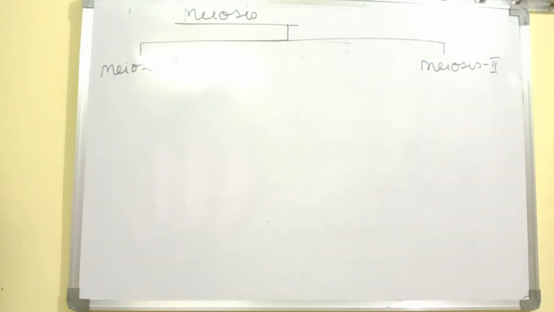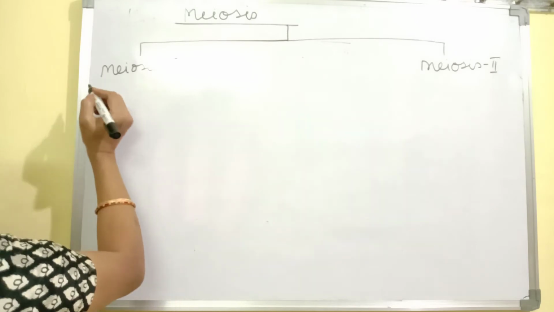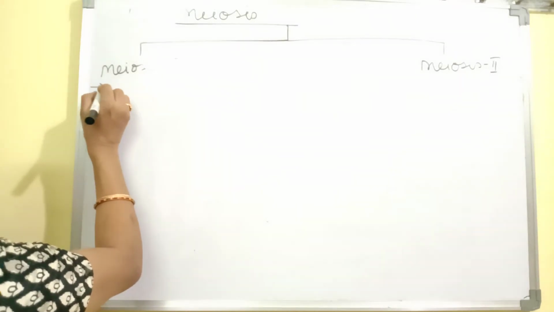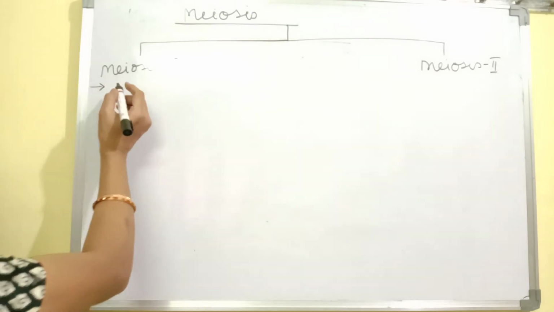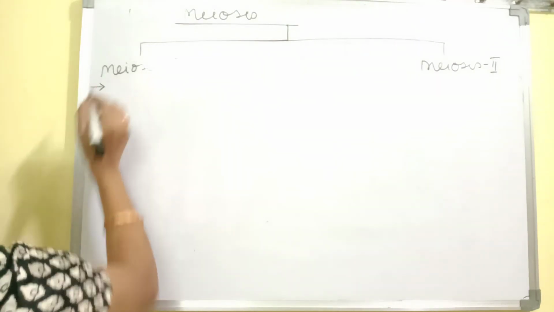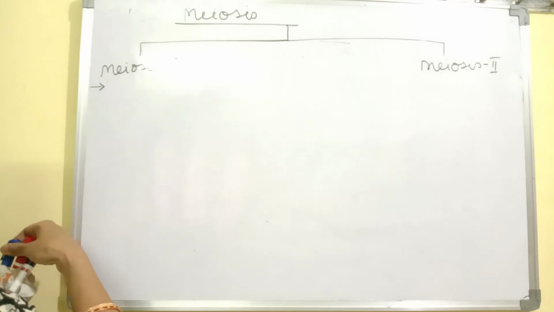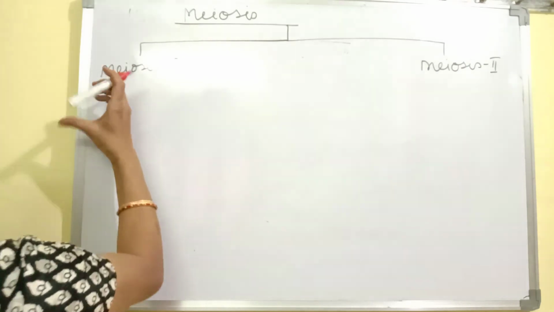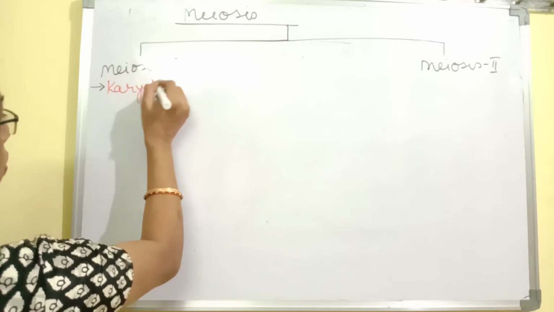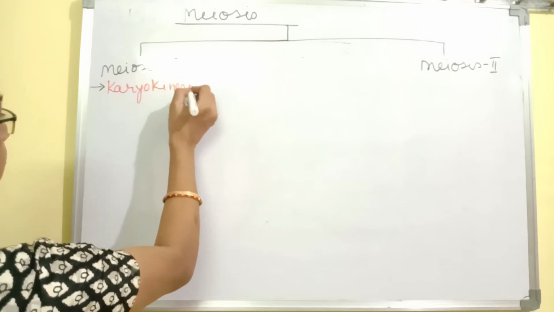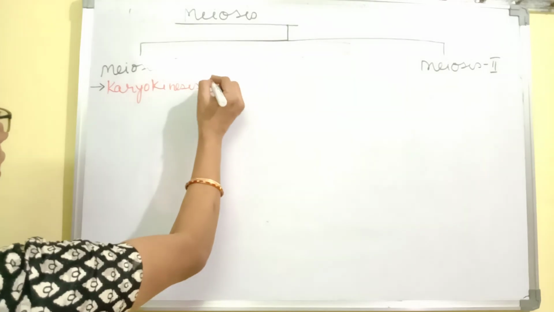Meiosis 1 is the longest phase and it is further divided into substages. First we can take karyokinesis 1, that is nuclear division.